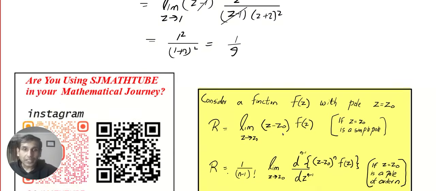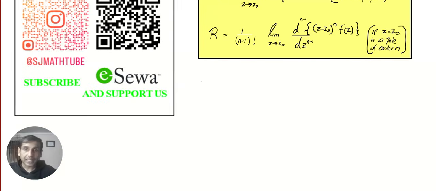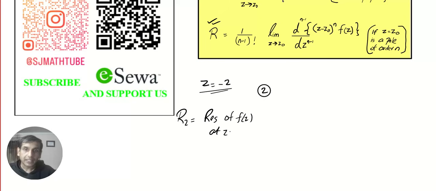Okay, now look at the second pole. The second pole is Z equal to minus 2, and the order of the pole is 2. So I have to apply this formula. Did you copy the formula? Okay, I'm going to write R2 equal to residue of the function at Z equal to minus 2, and in bracket I'm going to write order is 2.